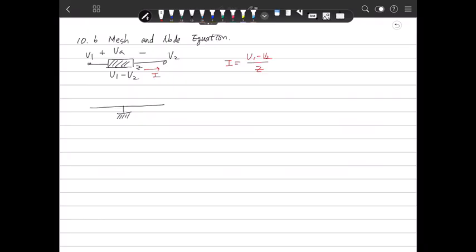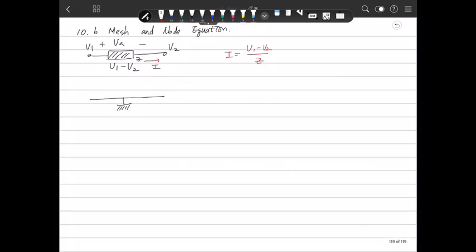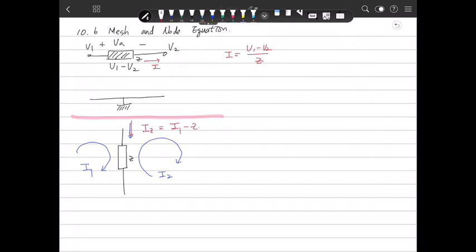In the same way, there is one element here. This is Z, but there are two meshes. This is mesh 1, I1, and this is mesh 2, I2. Then this current IZ is I1 minus I2.